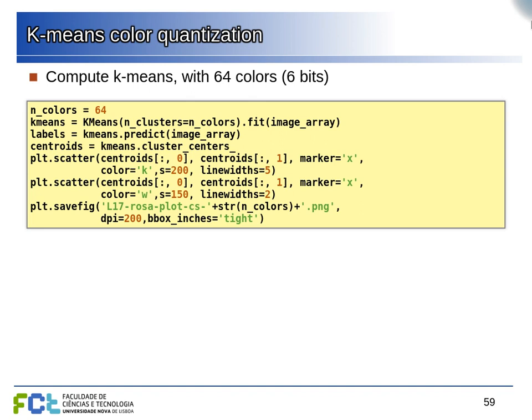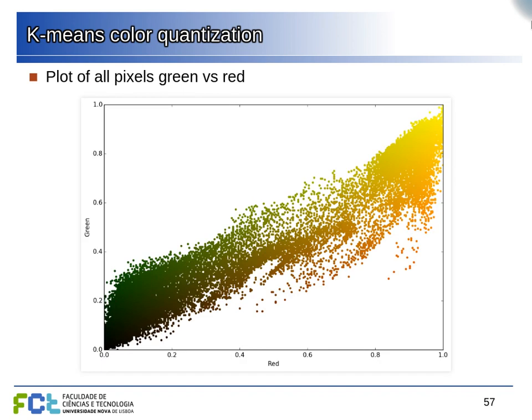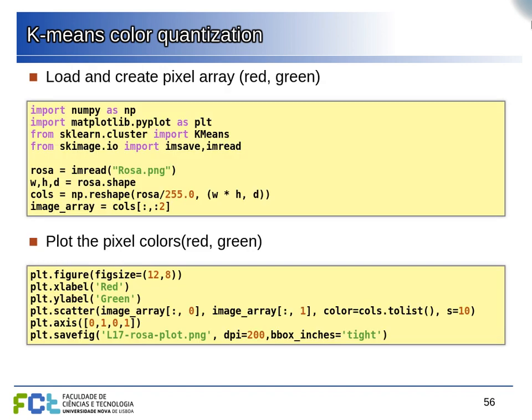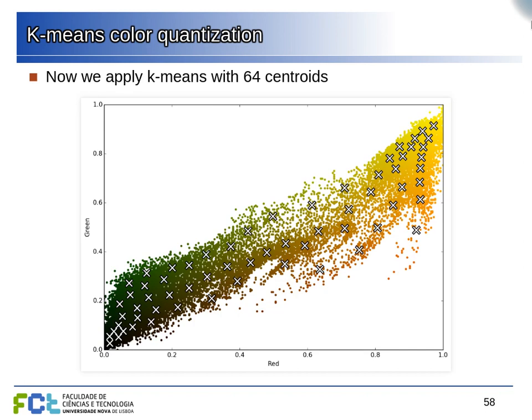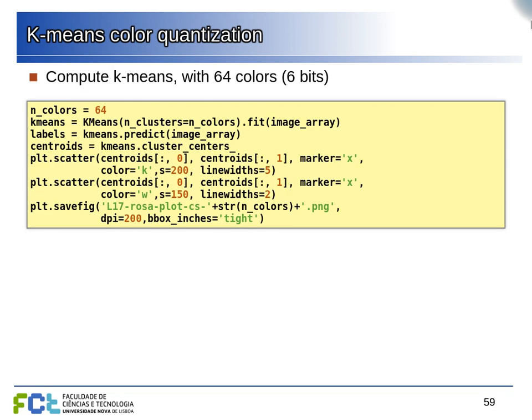What I'm doing here, I just imported k-means from scikit-learn. So I create the object. This works similar to what you already did. We have this fit method, and we train the k-means clustering, so it computes the position of all these centroids.